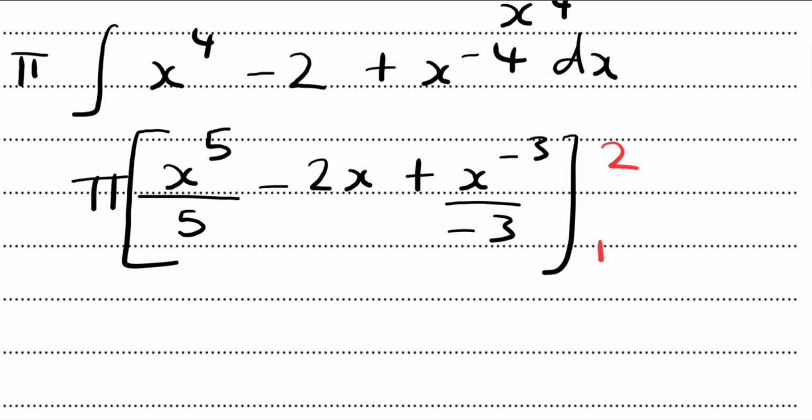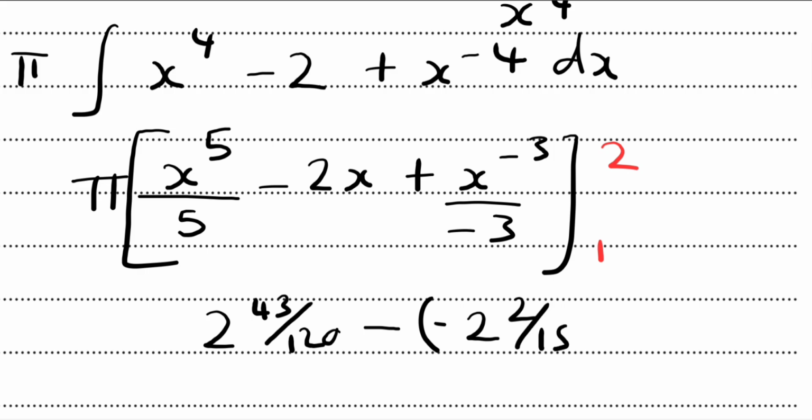So substituting 2, we get 2 to the power 5 over 5 minus 2 times 2 is 4, and so on, we get 2 and 43 over 120. And we're going to say minus, substituting 1, it's 1 over 5 minus 2, it's minus 2 and 2 over 15.